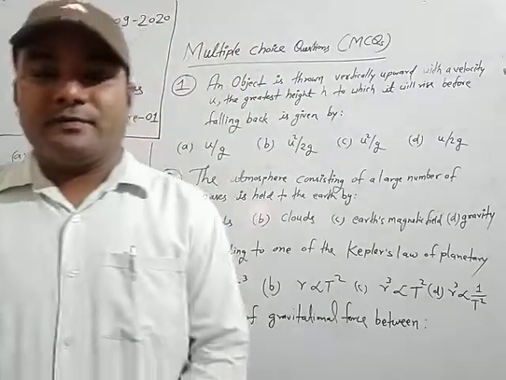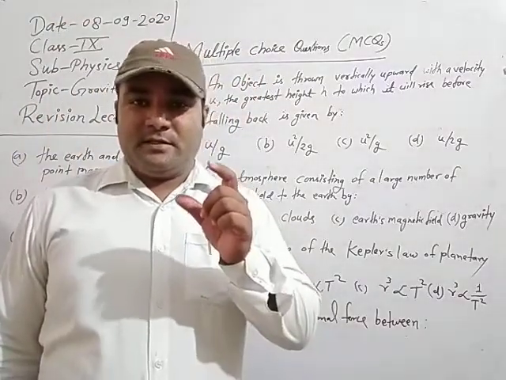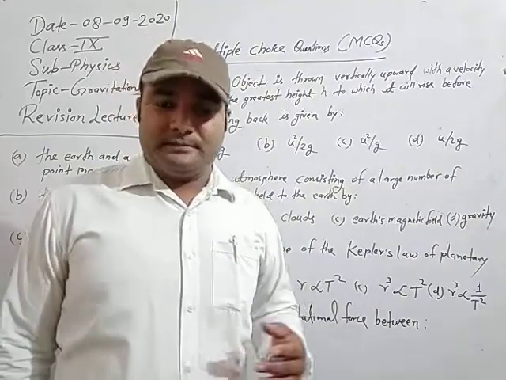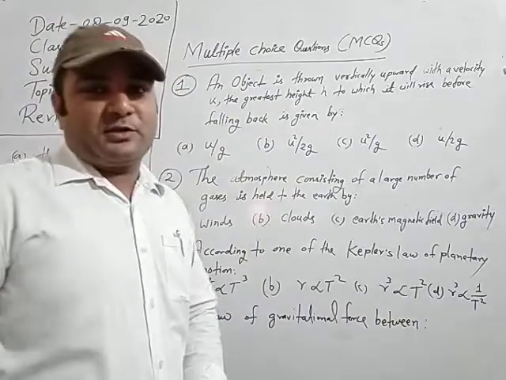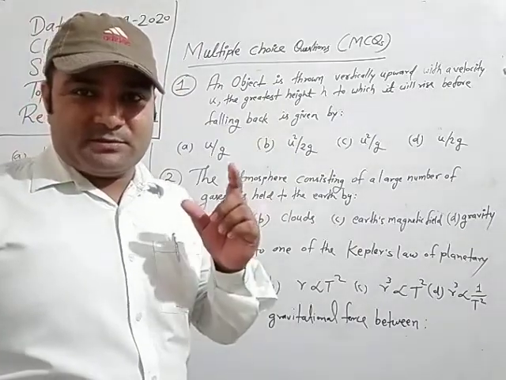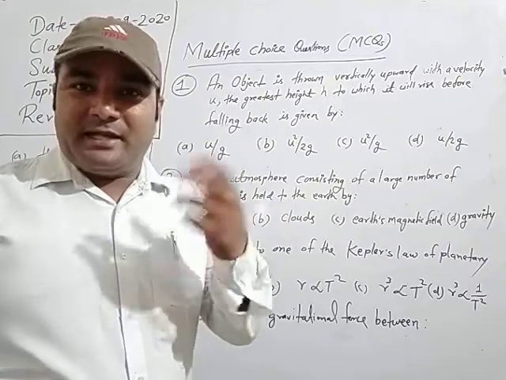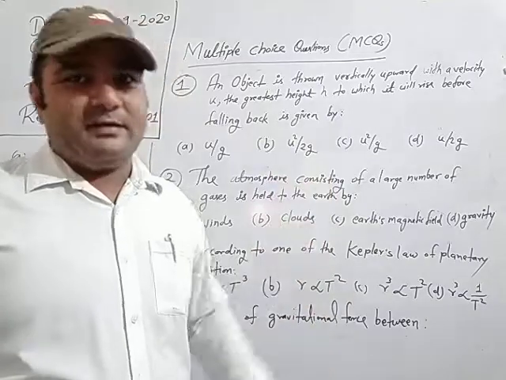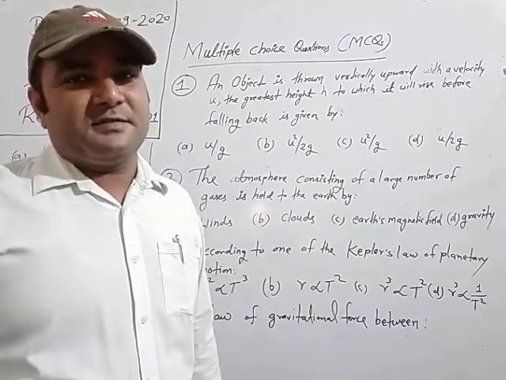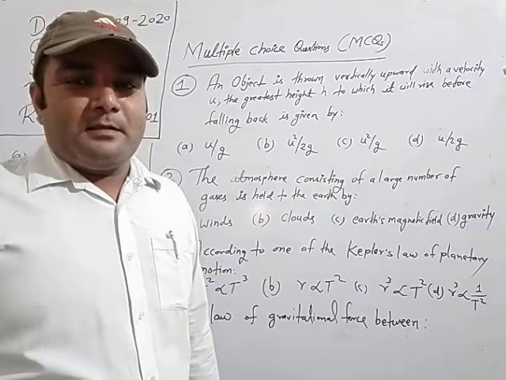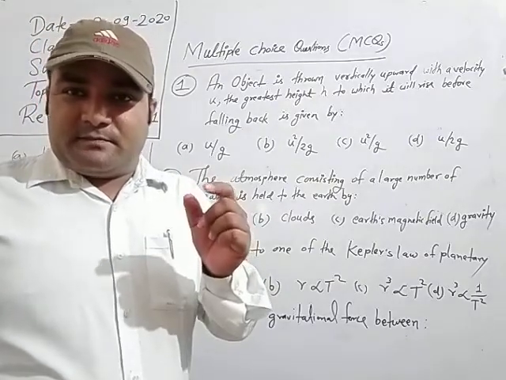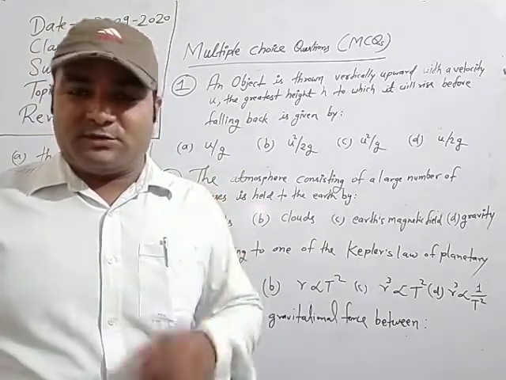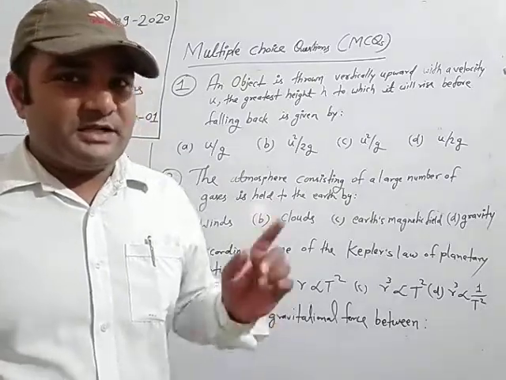After the inverse square law, the concept derived by Newton, here are some conceptual multiple choice type questions, and these questions give you an idea about the upcoming questions, how the questions may be asked from the given topics in this chapter, that is gravitation. In gravitation, the concept of gravitation, Newton's law of gravitation and Kepler's law, and also the inverse square law I just explained. Let's see the concept of questions here.